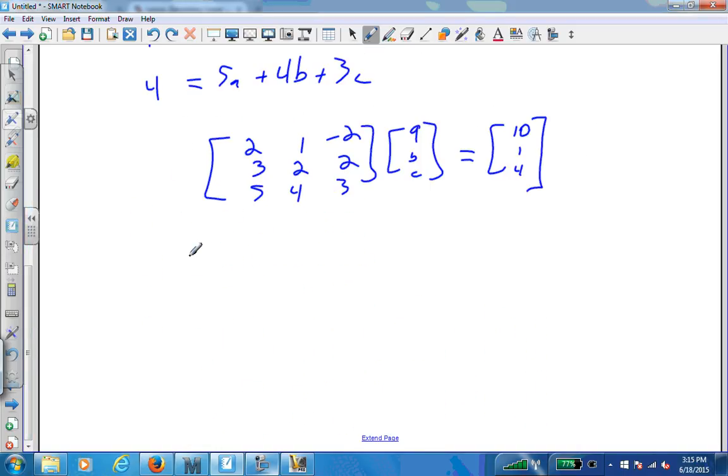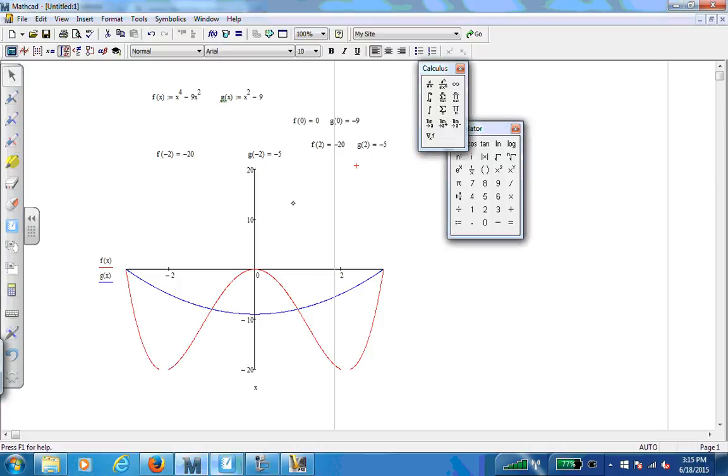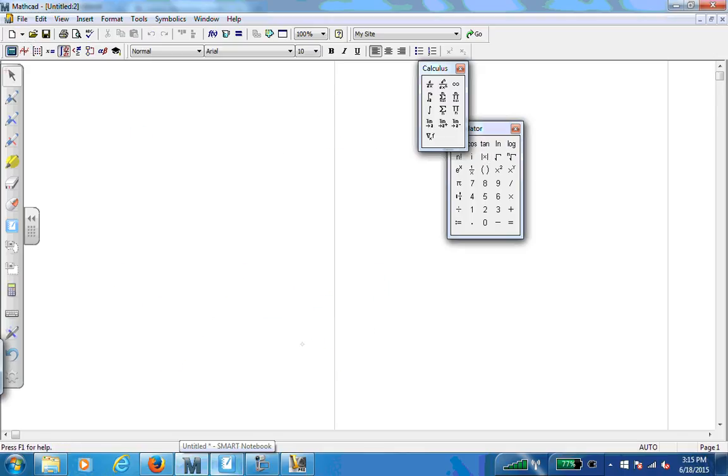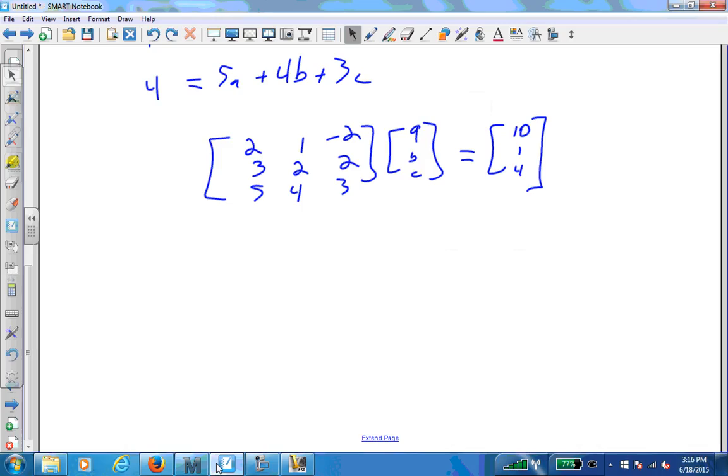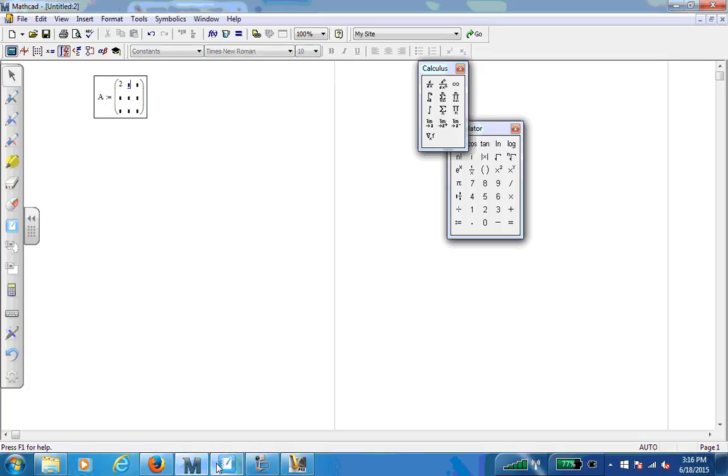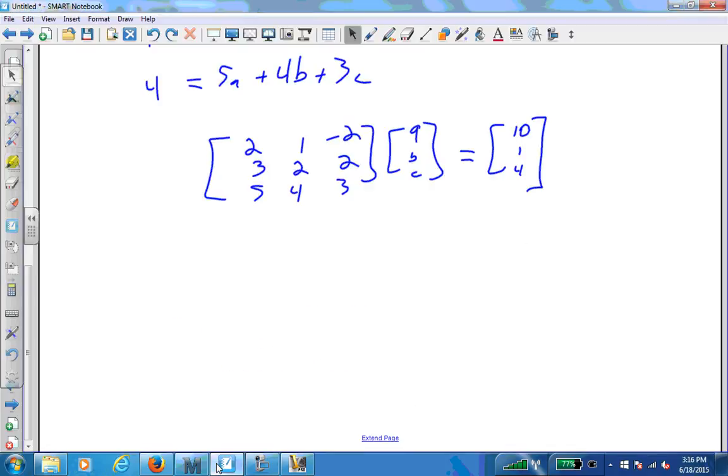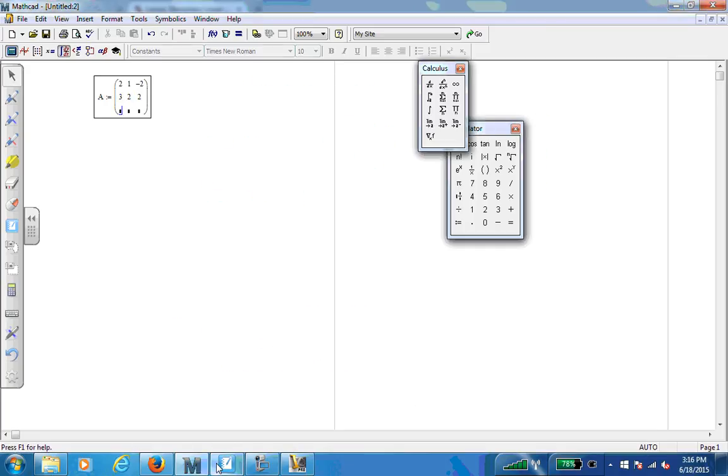So we can find the inverse here times that, and I'm just going to do that with MathCAD real quickly. Open up a new page. I'm going to call A the 3x3 matrix 2, 1, negative 2; 3, 2, 2; 5, 4, 3.